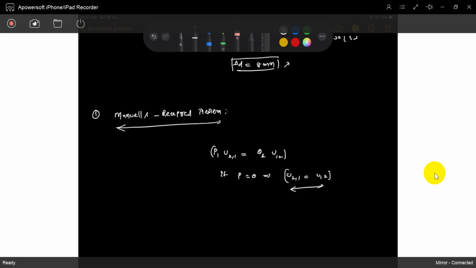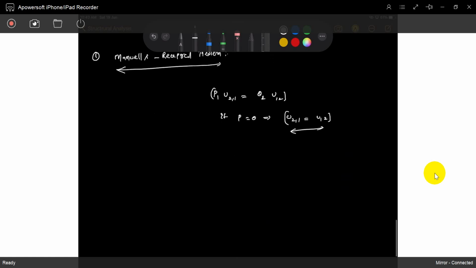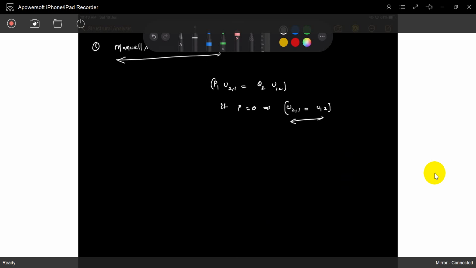So I will write it like this. Otherwise, I will do a problem and I will easily explain it. Okay? See, it's a very simple problem.